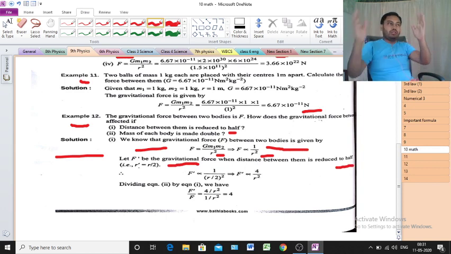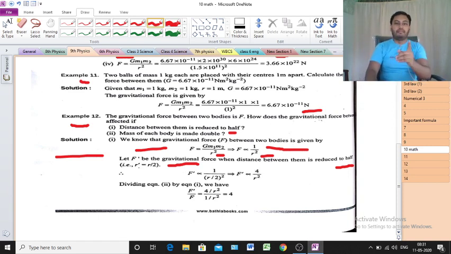The distance was r, and now it is halved, so it becomes r by 2. In that particular case, let's say the force of attraction is F prime or F dash.